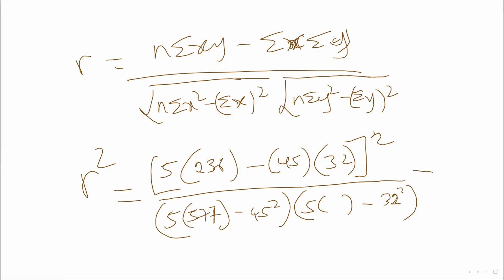Somebody now should do the top, the numerator. Somebody should also do the denominator. Then we give the answer, and then we move on. Please, what is sigma y squared? 282. Yes. Good, okay.